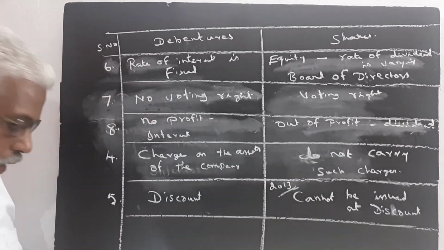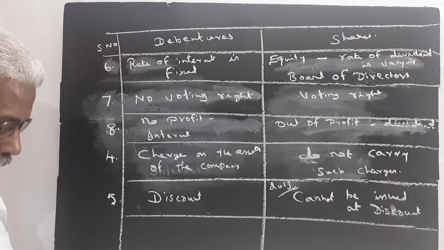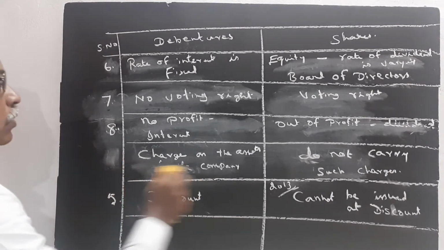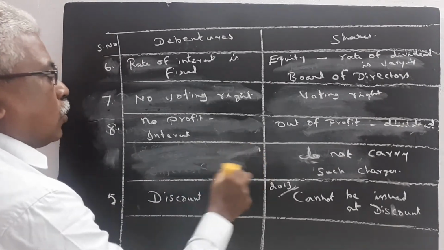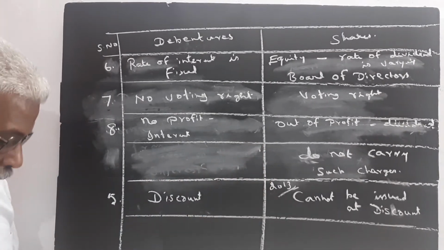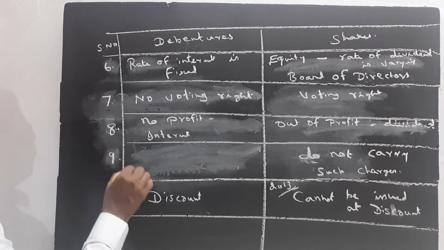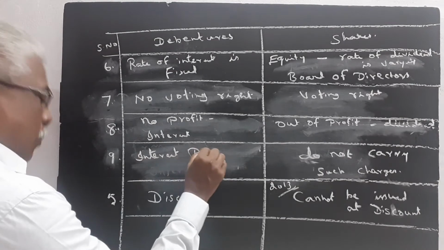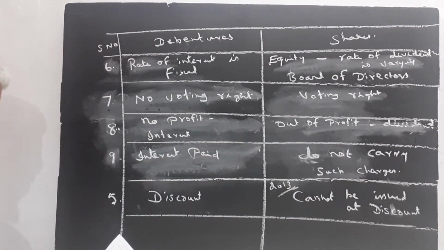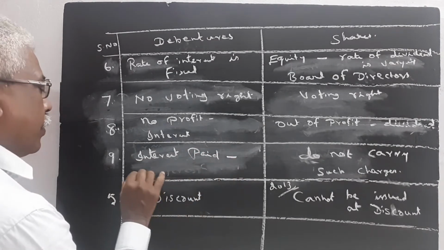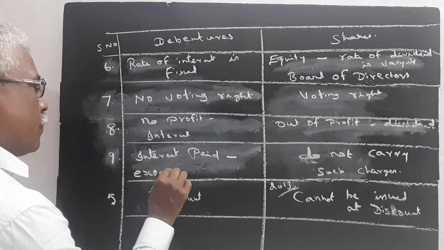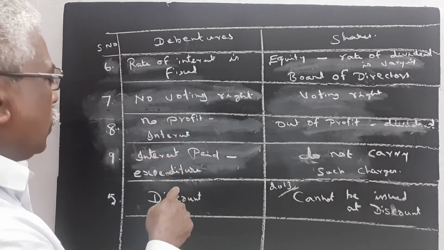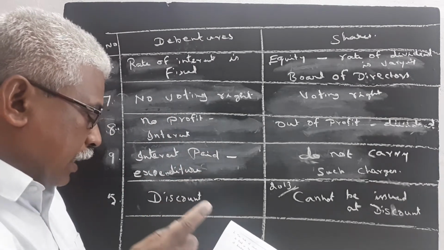Then point number 9, we have just 2 points left. Debenture holders are getting interest. Point number 9, interest paid to the debenture holders is considered as an expenditure.